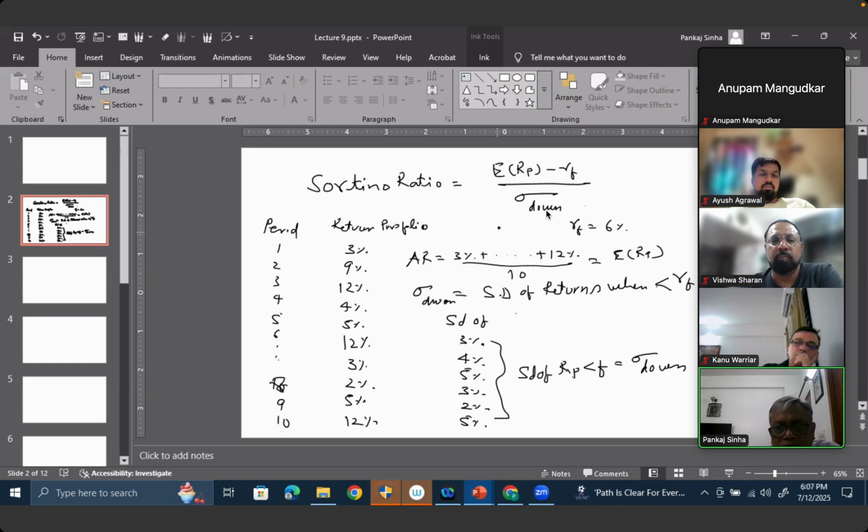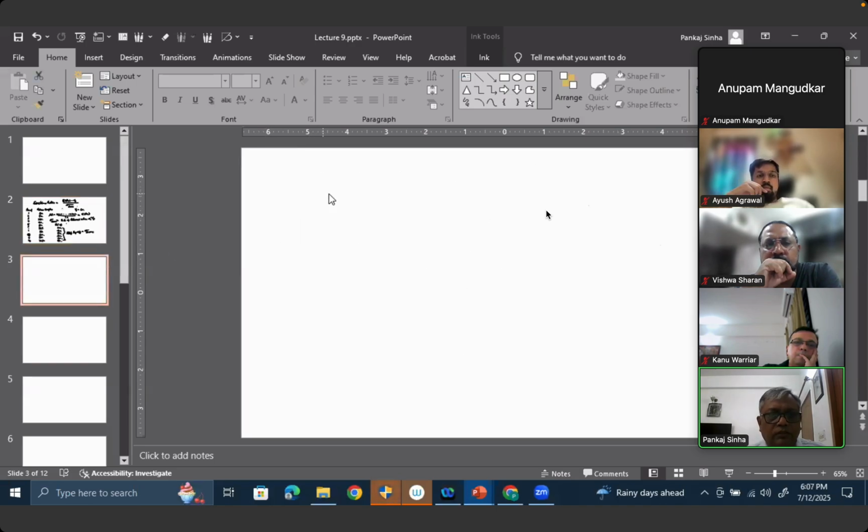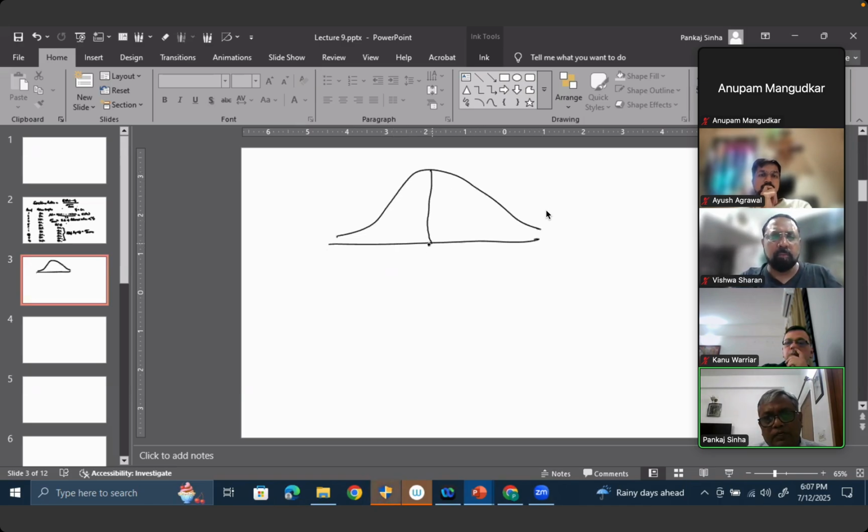So the Sortino ratio talks about how much excess return over RF we are getting for 1 unit of downside risk. Sortino explained why we are looking at this. When we are calculating standard deviation, this is my distribution of portfolio return. This is my mean.